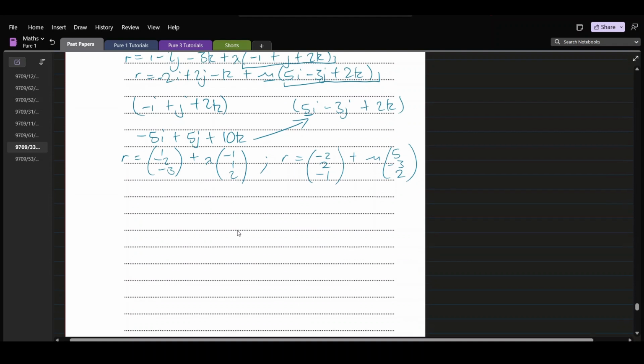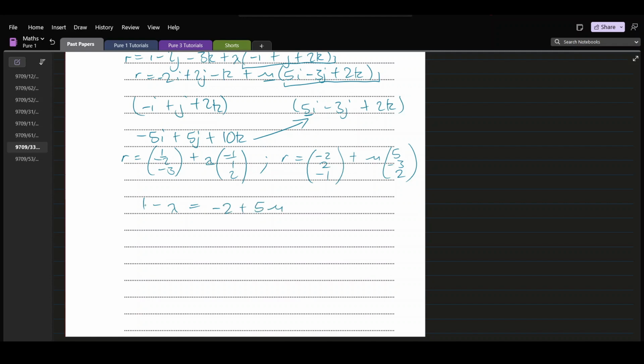So we can form three equations. The first one: 1 minus lambda is equal to negative 2 plus 5 mu. Then negative 2 plus lambda is equal to 2 minus 3 mu. And then negative 3 plus 2 lambda is equal to negative 1 plus 2 mu.